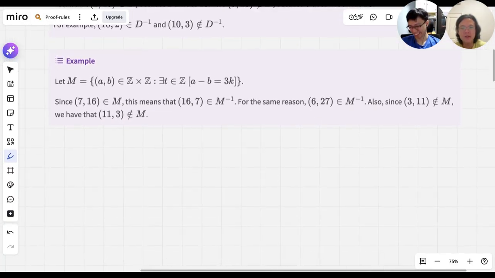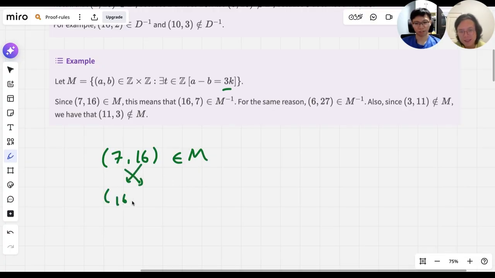Let's do one more. The congruence modulo 3 relation, the one that relates two items if they have the same remainder when divided by 3. For example, 7 and 16 was our example. They have the same remainder when divided by 3, yes they do. This happens to be in M. So again, just flip it around: (16, 7) happens to be in M inverse. Wait, why did I say (6, 27) here?